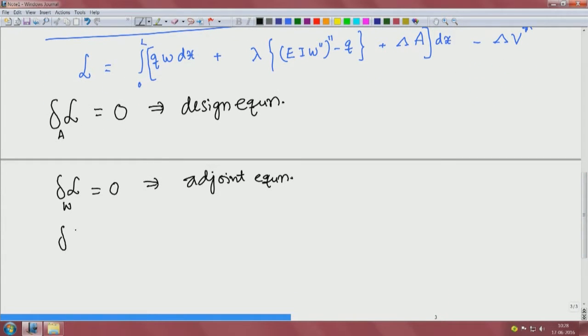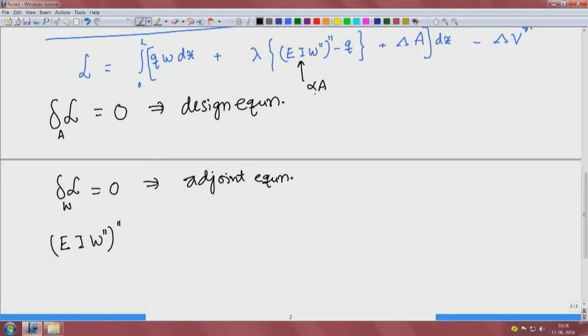When we take this, there are basically two variables, the state variable and the design variable. So, we do not need to take variation anymore, but we have the governing equation. When I am writing the necessary conditions now, we have the governing equation, which is E I w double prime, which will simplify, because if you see this I here, we wrote it as alpha into A, where alpha is d square by 12.